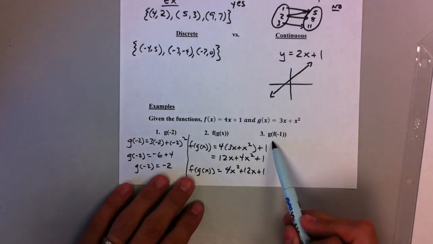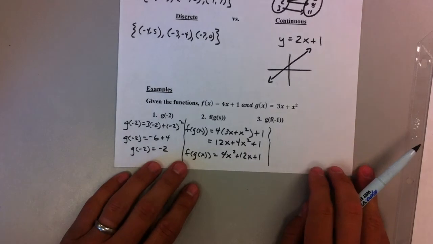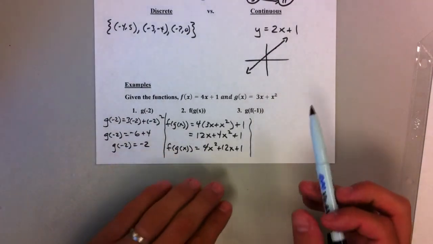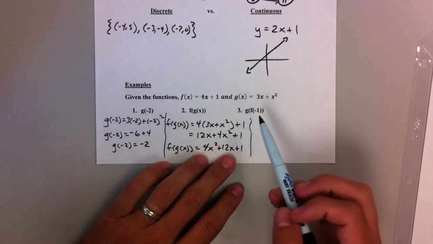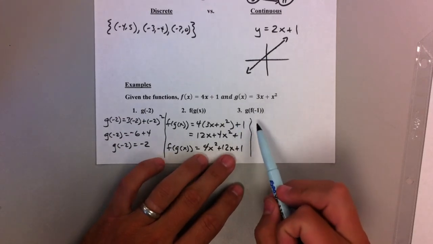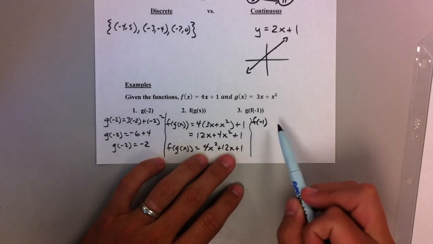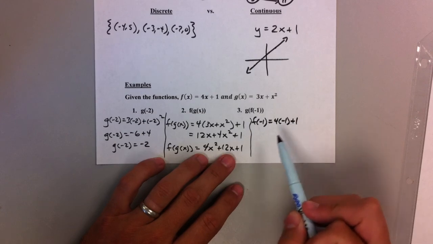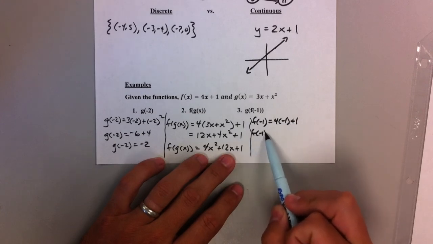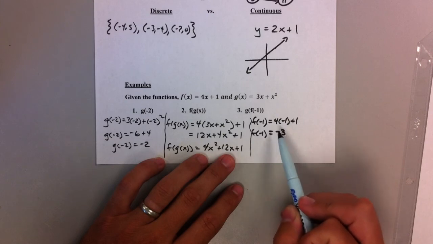Okay, let's try one more, one that might be just a little easier. What about g(f(-1))? This means plug -1 into f, get that answer, and then plug it into g. So we're kind of working our way inside out. If I plug this in, 4 times -1 plus 1. So f(-1) equals, what's that, -4 + 3, so it's -3.